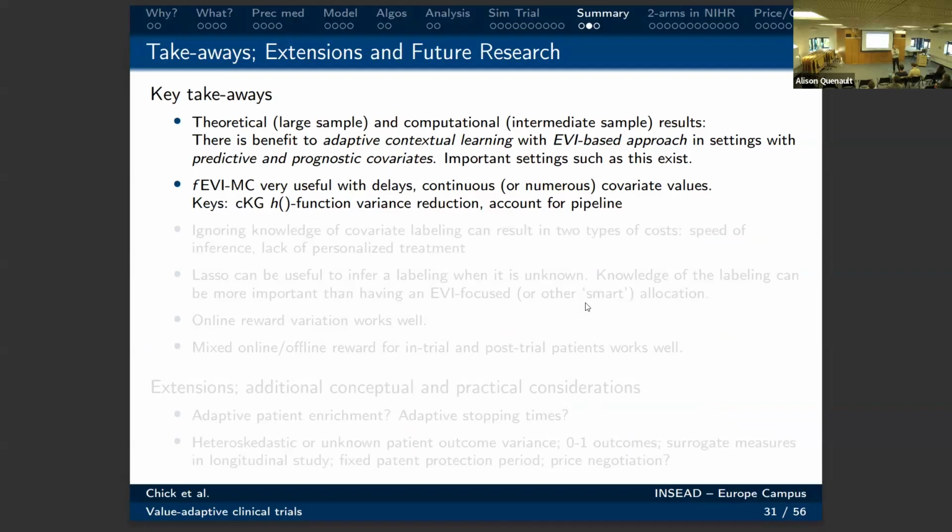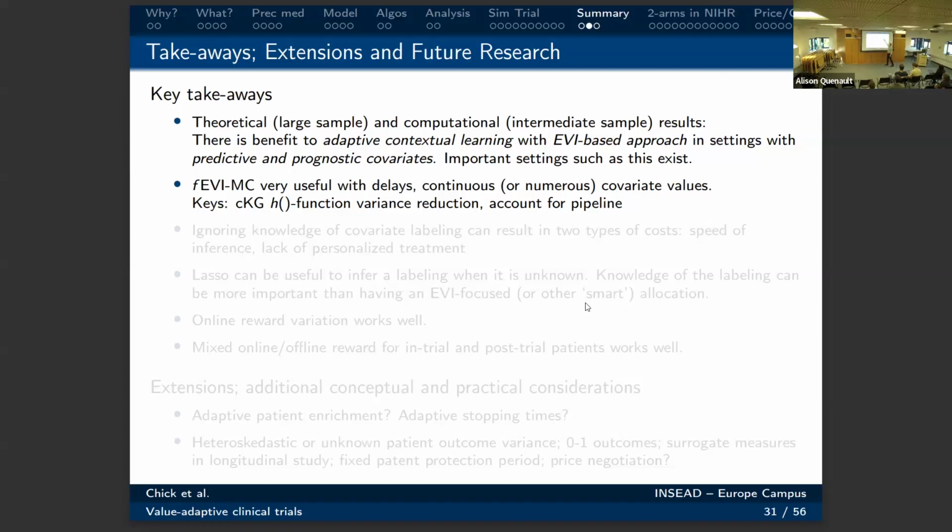If you do have contextual knowledge of what might be predictive or prognostic, and the whole point of precision medicine is that we think we've got a biomarker that we can interact with, like HER2 and Herceptin for breast cancer, a variety of other applications, then if you have some suspicion, this can actually help quite a bit.